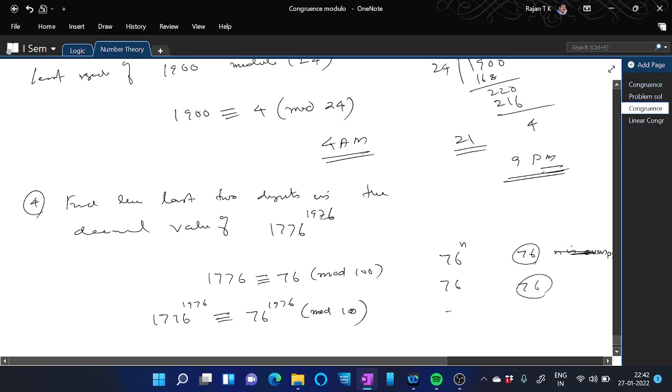That means 76 to the power of n always ends in 76, and therefore it is congruent to 76 mod 100.